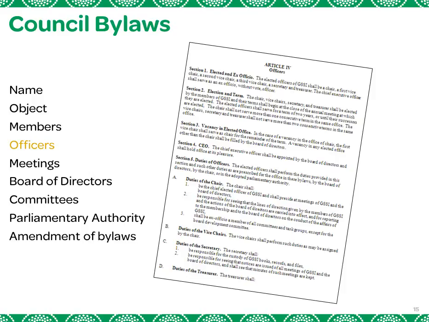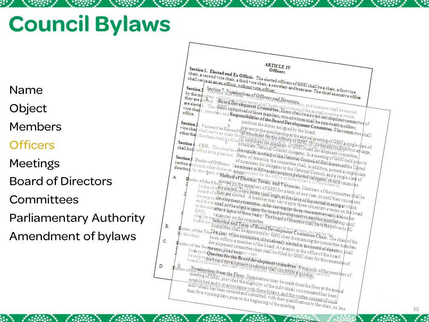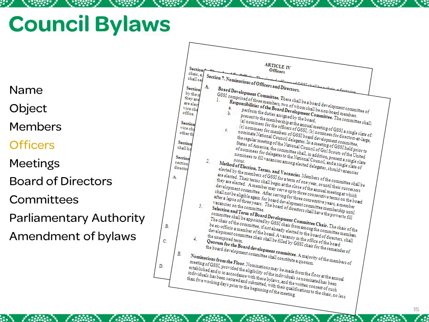Additional information in this article covers the duties of the officers and the slating process of officers and directors. The Board Development Committee is charged with presenting a single slate of nominees to the membership at the annual meeting. Section 7b explains how nominations may be made from the floor at the annual meeting, provided that the chair of the Board Development Committee has been notified in writing no less than 5 days prior to the beginning of the meeting.